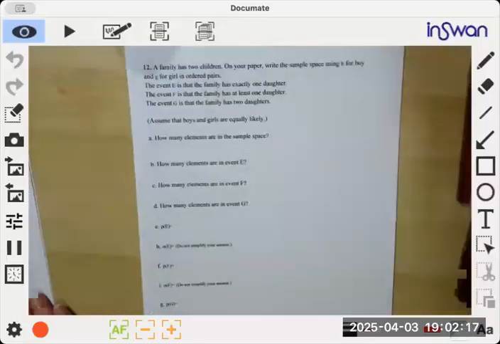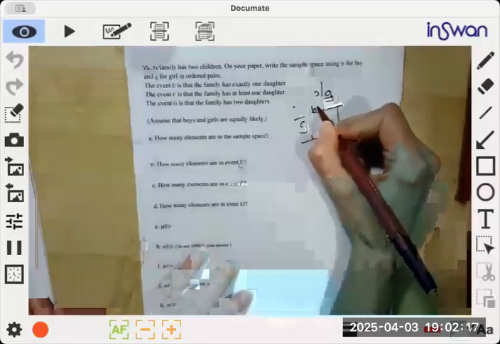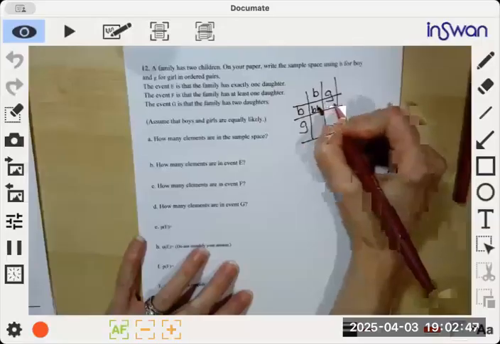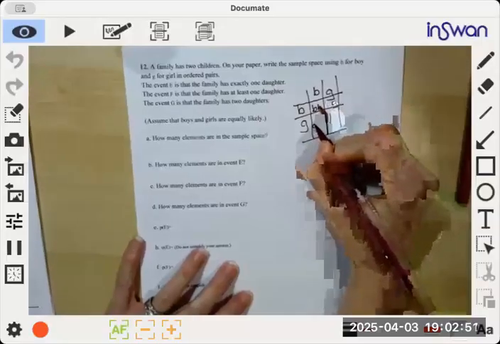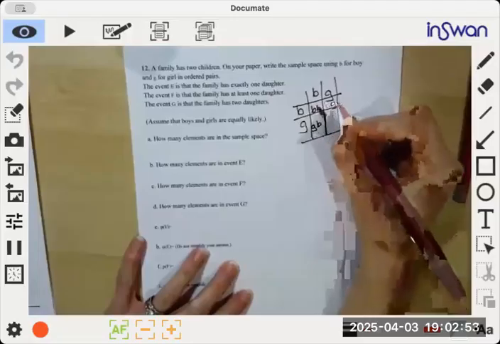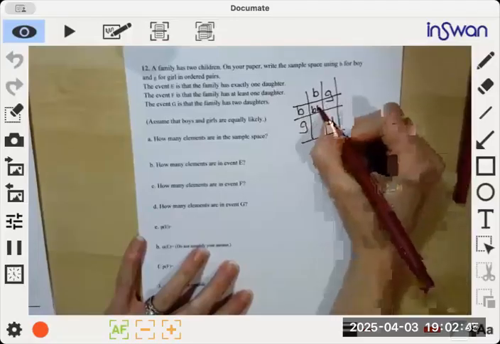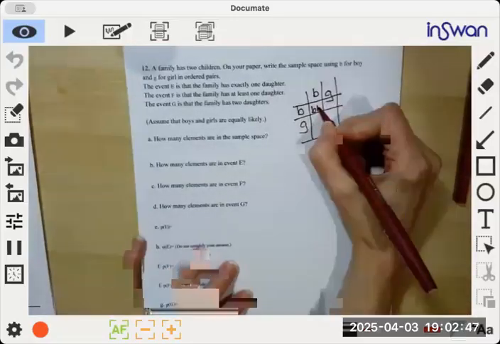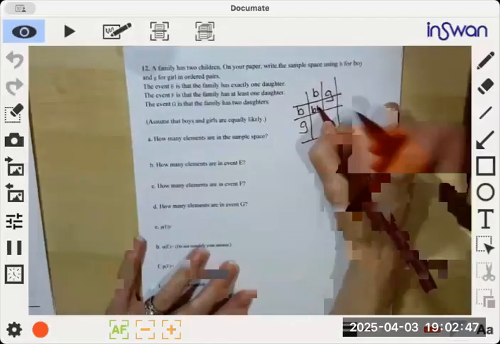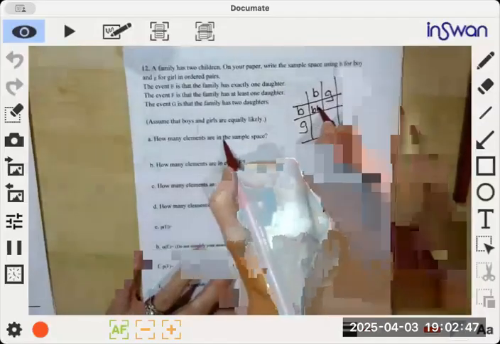Didn't leave much room there. So they can have a boy, boy, a boy, girl, a girl, boy, which is different than boy, girl, or they can have a girl and a girl. So 4 items in the sample space.